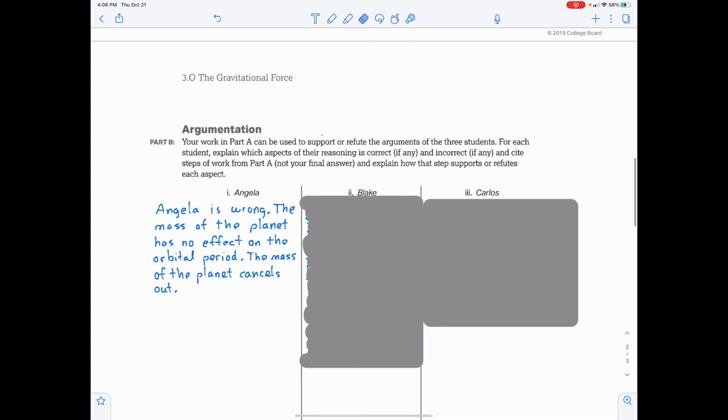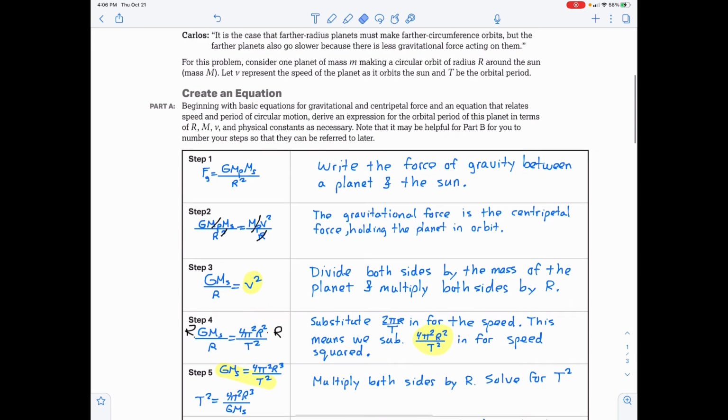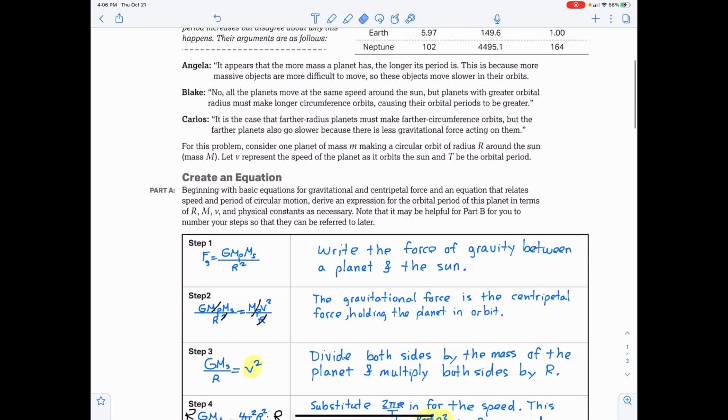Blake says the planets move at the same speed around the sun, but the planets with greater orbital radius must make longer orbital circumference orbits, causing their orbital periods to be greater.